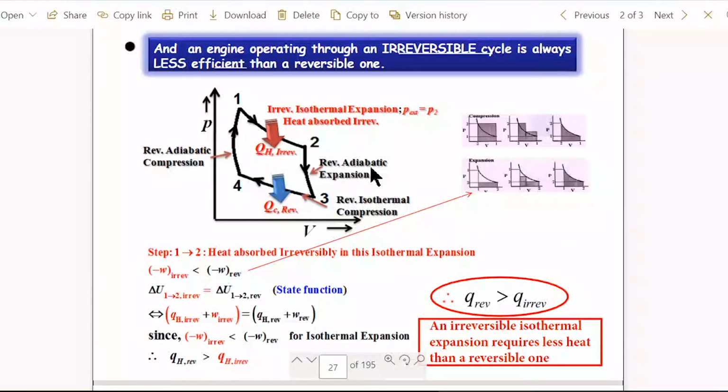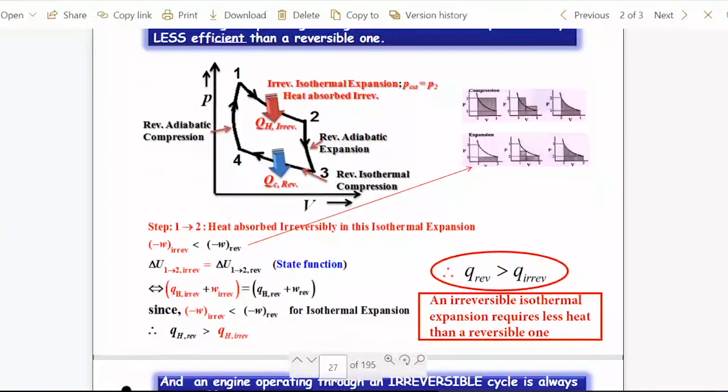You have the adiabatic expansion reversible, isothermal compression reversible, adiabatic compression reversible. All three steps are reversible, but only one step, the isothermal expansion, is made irreversible. Now what happens? I have said already, whenever there is one step irreversible, the entire cycle becomes irreversible.